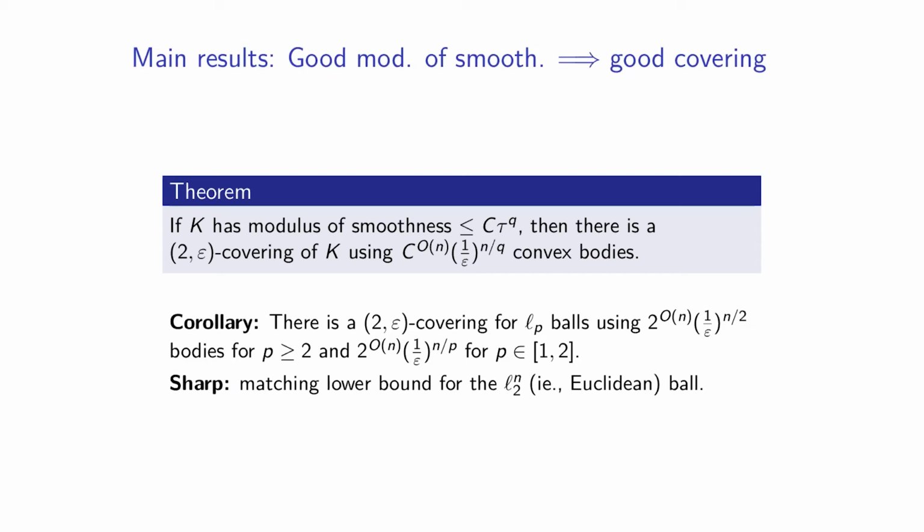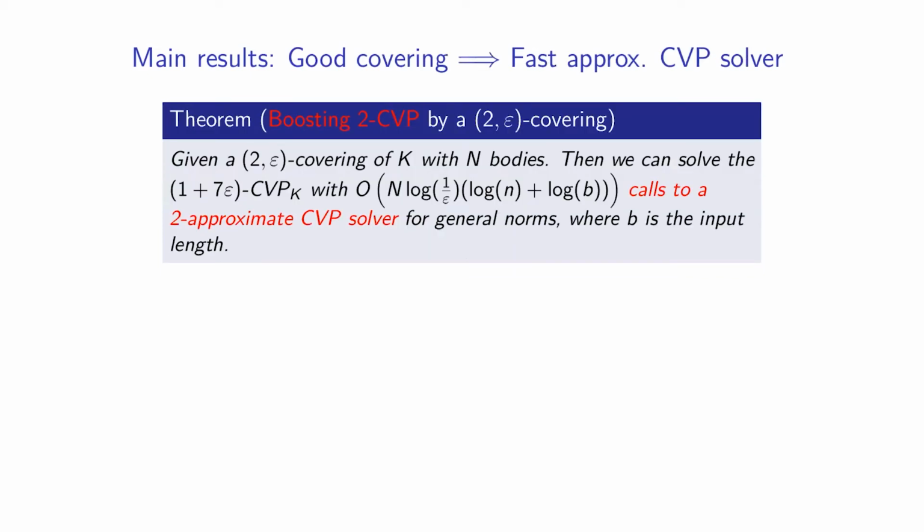So this is an upper bound, 2 to the big O(n), 1 over epsilon to the n half. But for the Euclidean ball, we actually have essentially the same lower bound. Okay, so that's our first result. If you have good modulus of smoothness, then you can cover the ball nicely. You have a 2 epsilon covering.